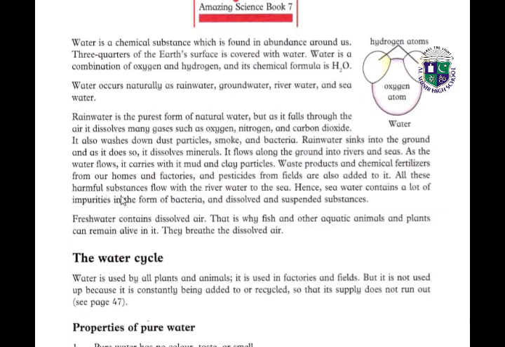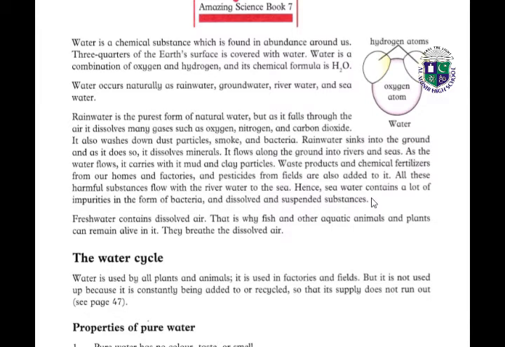All these harmful substances flow with the river water to the sea. Hence, seawater contains a lot of impurities in the form of bacteria and dissolved and suspended substances.